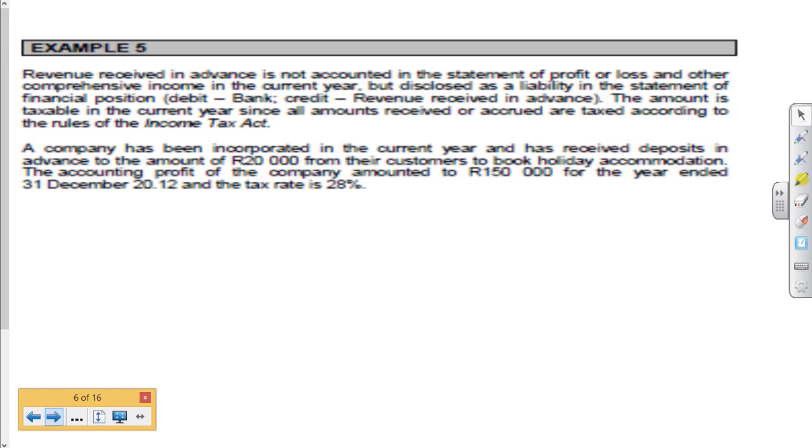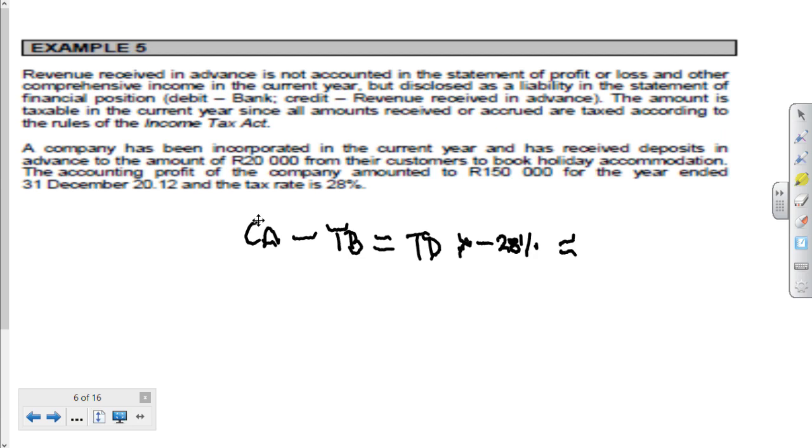A company has been incorporated in the current year and has received deposits in advance of 20,000 Rand from their customers to book holiday accommodation. The accounting profit was whatever for the year. So, carrying amount minus tax base equals temporary difference times minus 28% equals deferred tax.